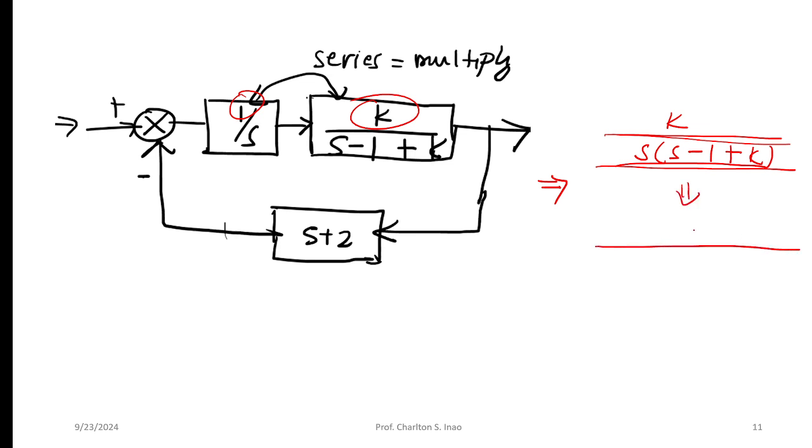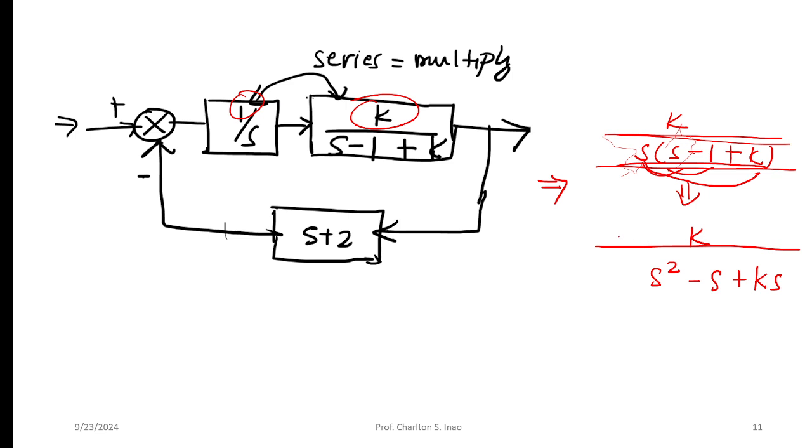So this one is k, then s squared, s times s, then s times negative 1 is negative s, then s times k is ks, right? Plus ks.